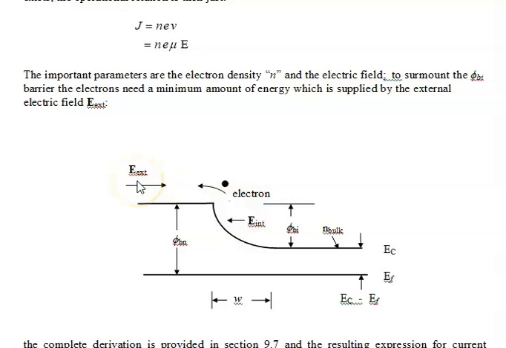With the external electric field, holes move from left to right, or electrons move from right to left. So this external electric field pushes electrons around a circuit in a counterclockwise manner. Counterclockwise. Okay.